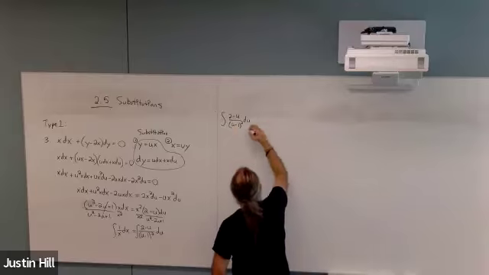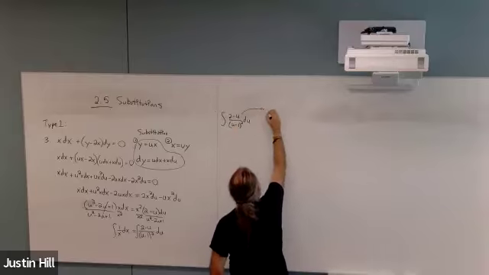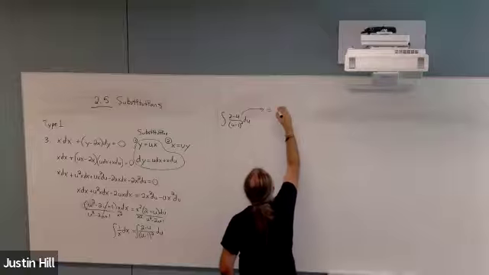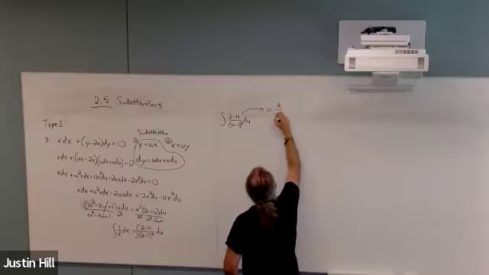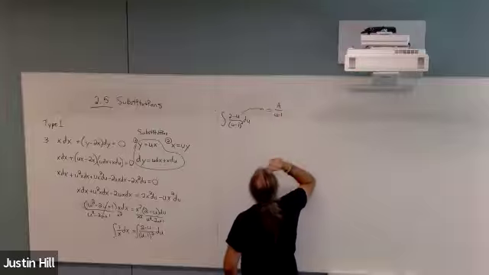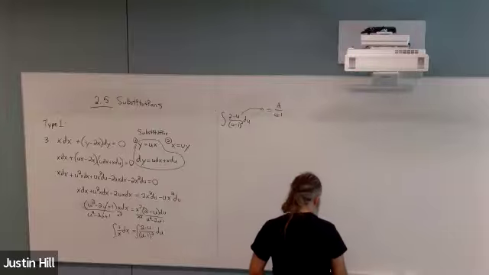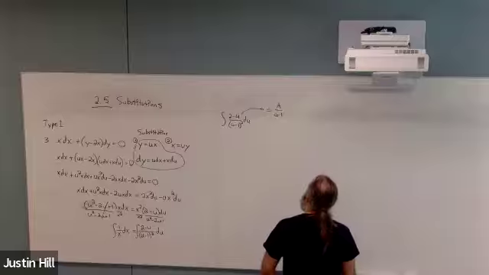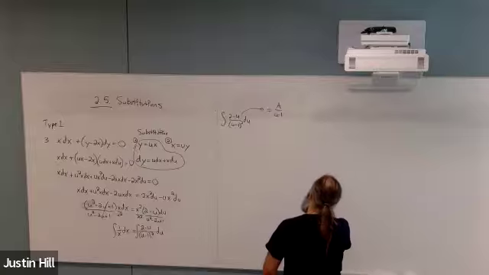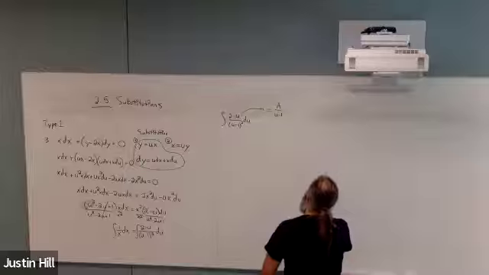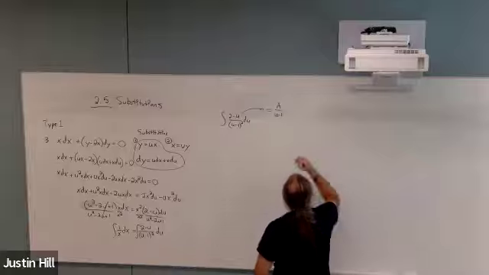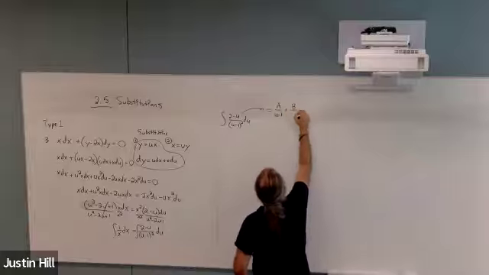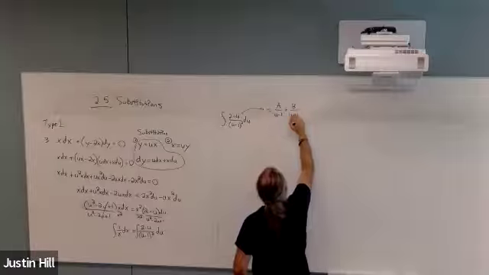So this has to equal A over u minus 1 plus B over u minus 1 squared.